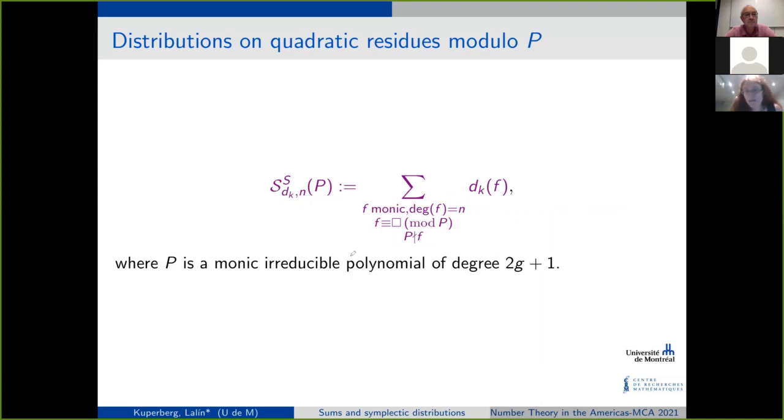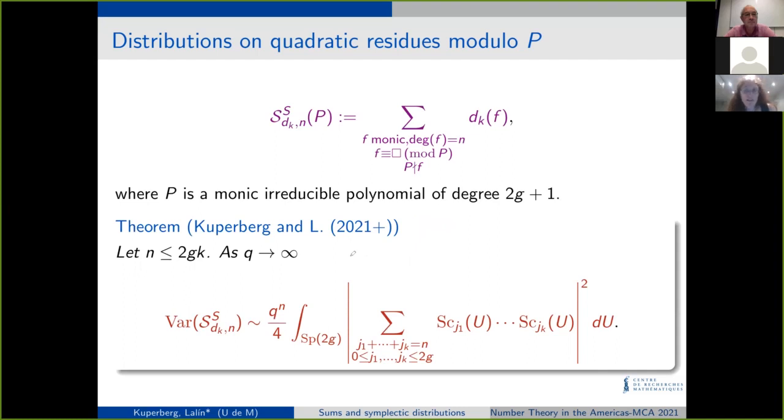For this problem, we get that as q goes to infinity the variance, and I'm being a little careless about what I mean by the variance, which I will discuss later, approaches essentially an integral of the secular coefficients with the same kind of formula, the sum of the secular coefficients with a fixed sum for the indexes, squared, but now over the symplectic matrices.